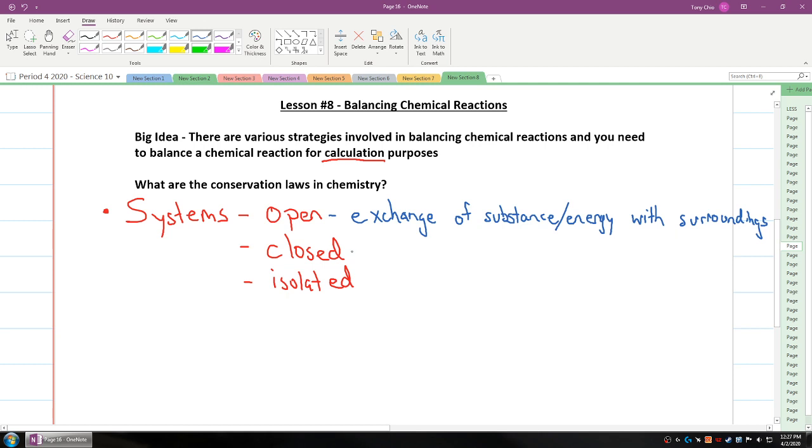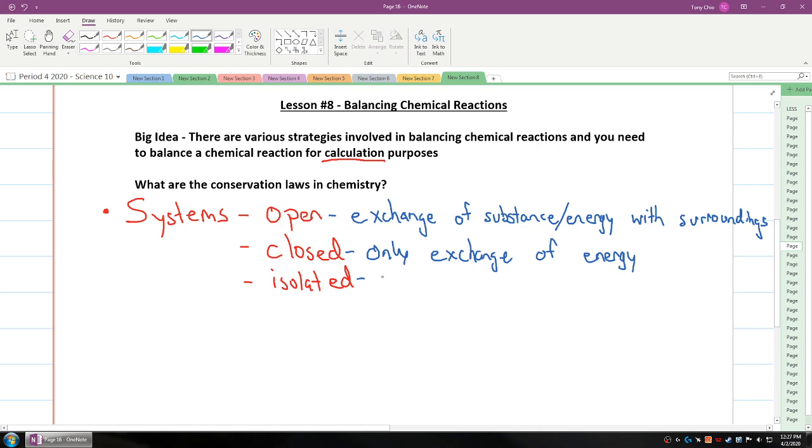A closed system is where there is only exchange of energy. A closed system is such as, for example, one that has a lid. If you have a lid, that substance piece is no longer getting exchanged, but instead there's still energy change. Such as, for example, you can still heat up that cup of water even if it has a lid.